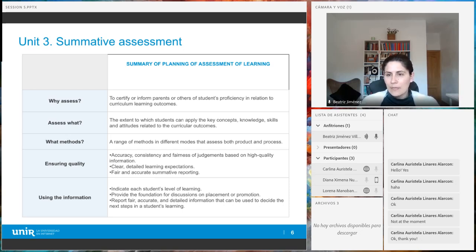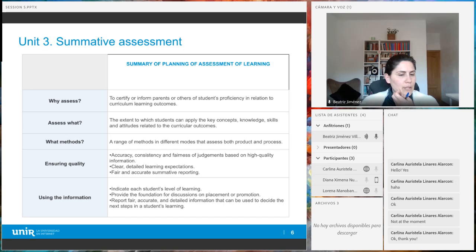What do we expect from them in the course, in the term, or in the session? Okay. And also, we will ensure quality if we provide a fair and accurate summative reporting of the results of our students. Okay.